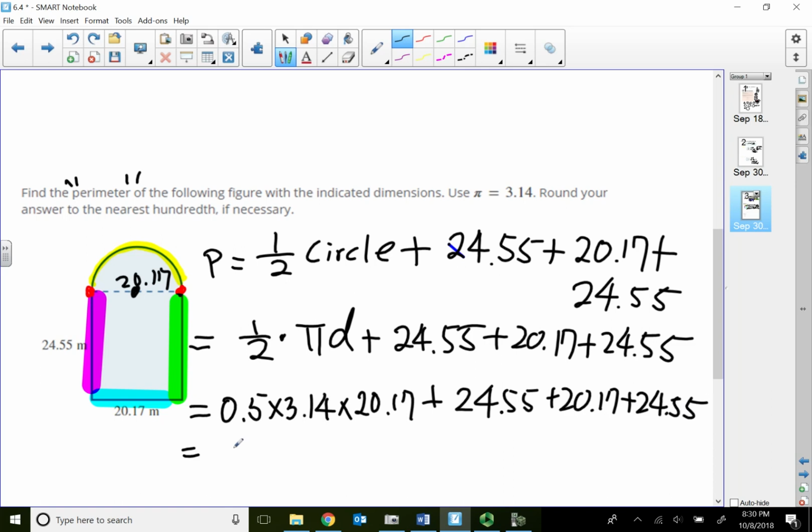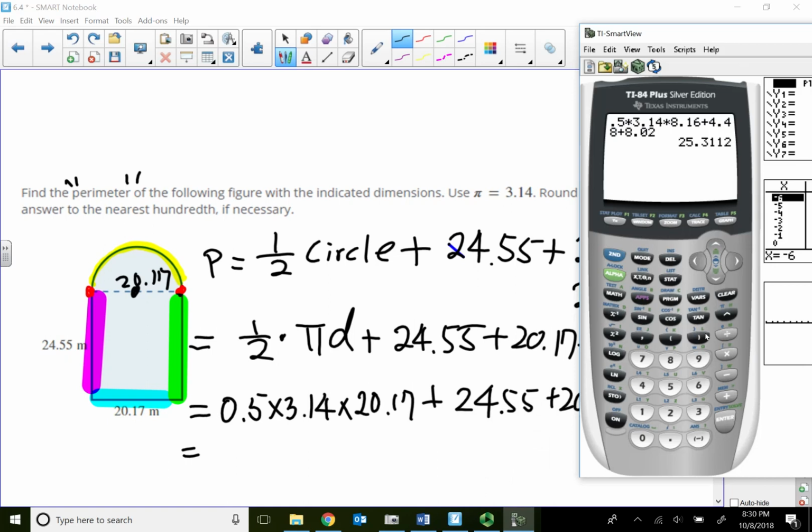Okay, so let's take a look. Let's punch it in. Write down the formula. Write down what else you need to add. Then we punch them all in at one time. 0.5 times 3.14 times 20.17 plus 24.55 plus 20.17 plus 24.55 again.